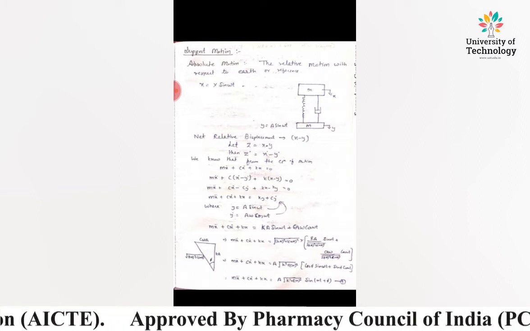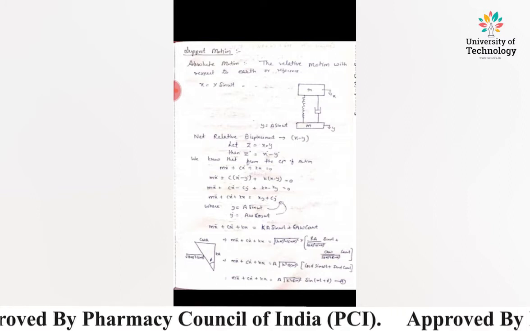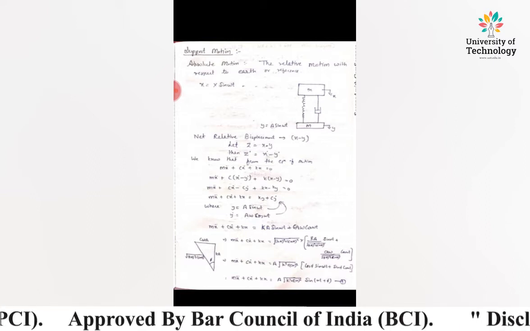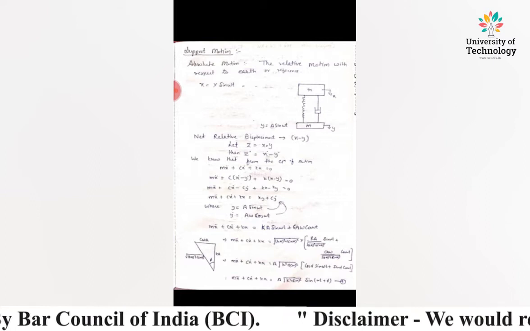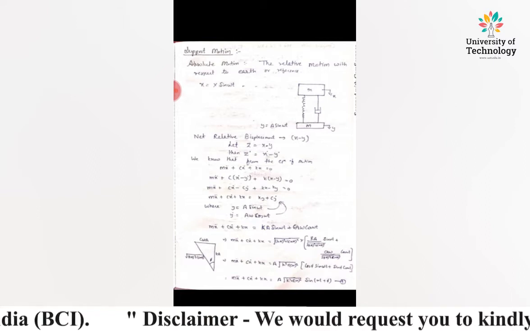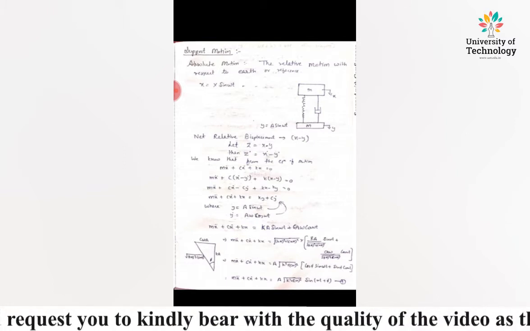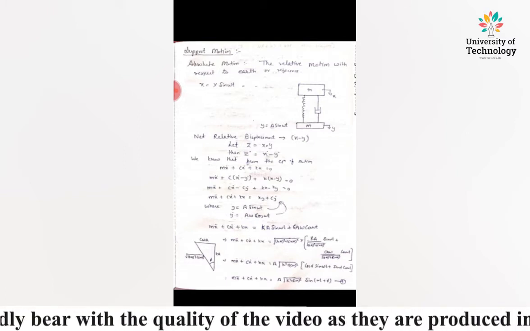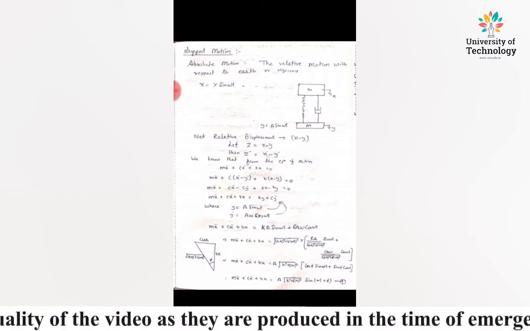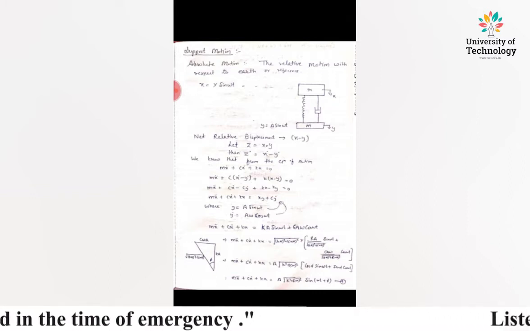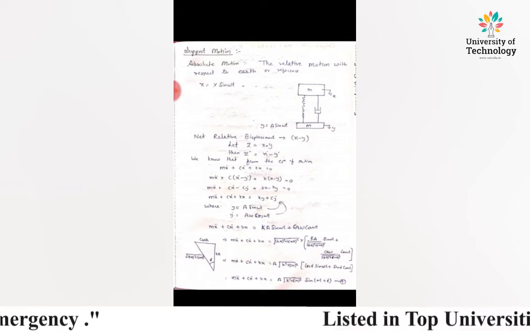By putting the value of y and y dot in the above equation, we get m x double dot plus c x dot plus kx is equal to kA sine omega t plus cA omega cos omega t.